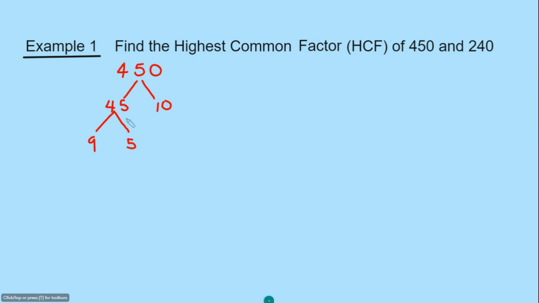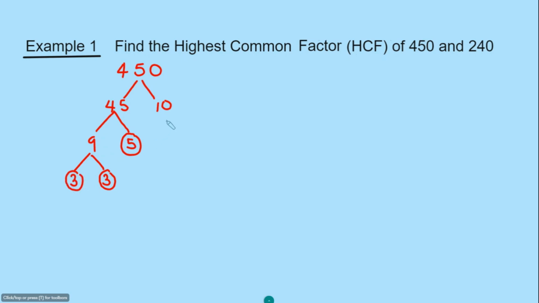Now, 9 and 5 multiply to give me 45. 5 is a prime number, so I'm going to put it in a circle. But 9 is not a prime number, so I'm going to split this up once more. If I split 9, I'm going to have 3 and 3. You notice that 3 is a prime number, so you put the prime numbers in a circle.